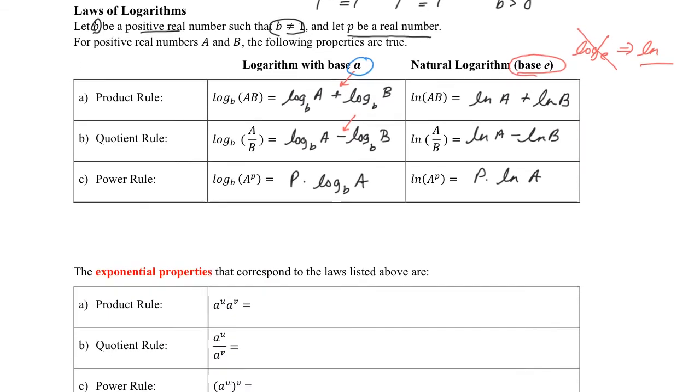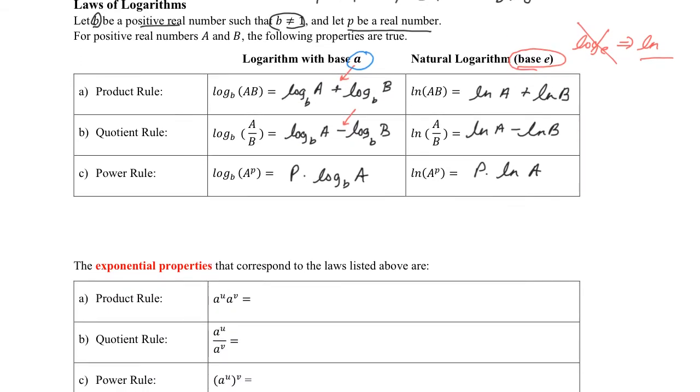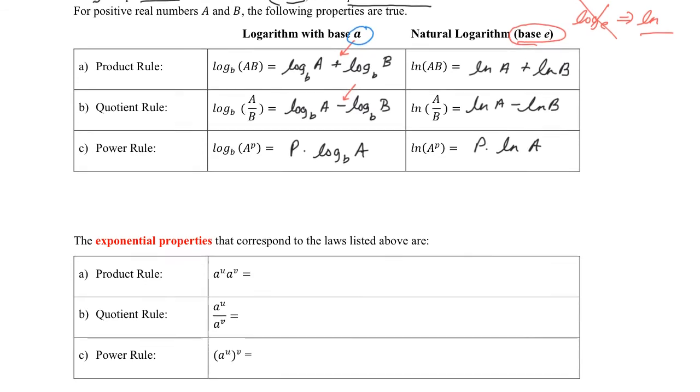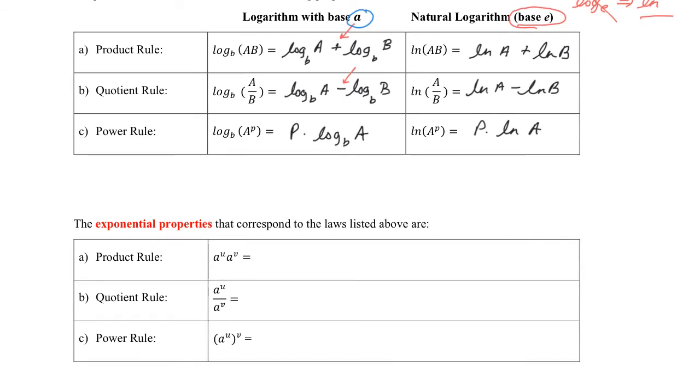From here, we have similar exponential properties that correspond with the rules or the laws that are listed above. Okay, so again, for exponential, we also have a product rule. My product rule of a raised to the u times a raised to the v. Now notice these are same base, and you should know these.